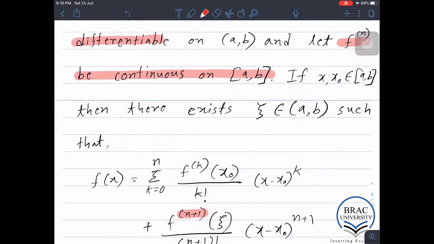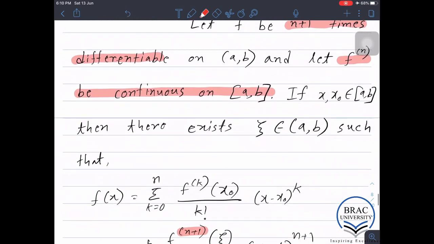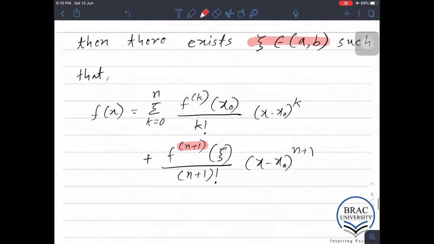So x0 is, if you remember correctly from this picture, where we know everything, and x is some number where we want to predict. Okay, so x and x0 both belong to some interval from a to b. Then there exists another xi, which belongs to the same interval, but this is open, such that this is true. What does this mean?